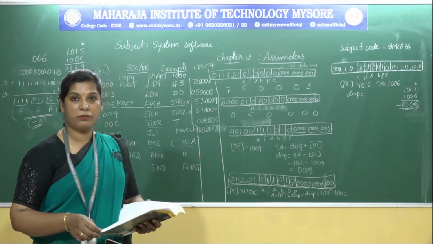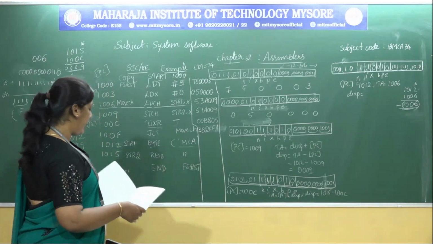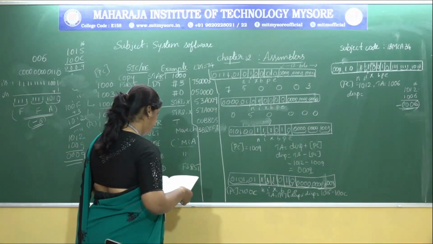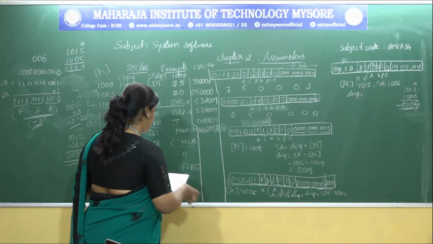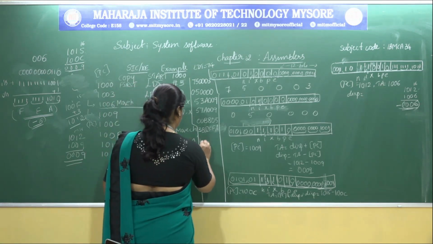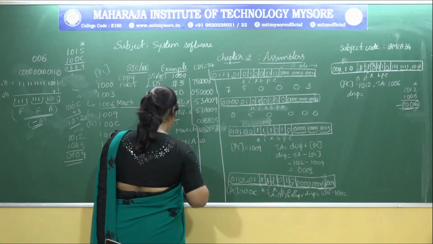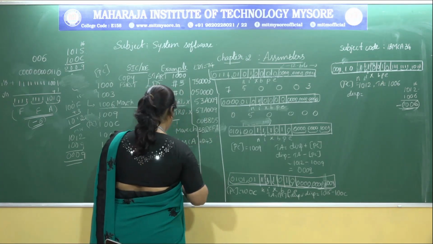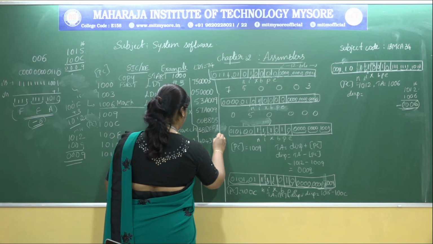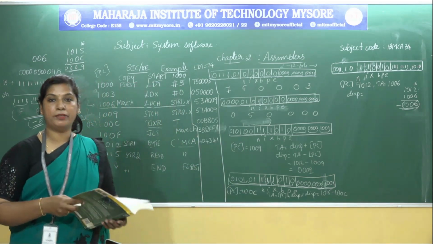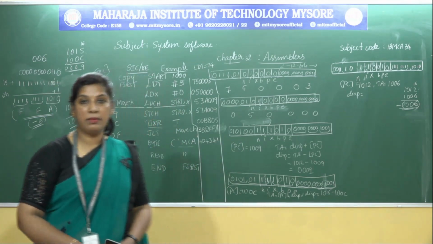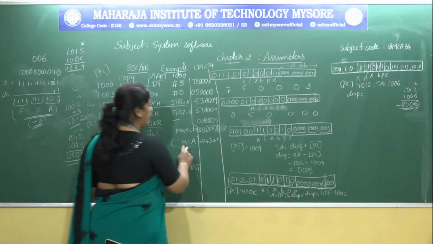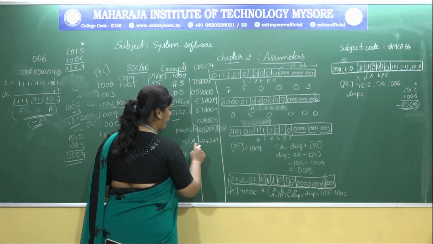For M it is 4D, C is 43, and A is 41. So this is the object code, the hexadecimal digits of the ASCII value of MCA.